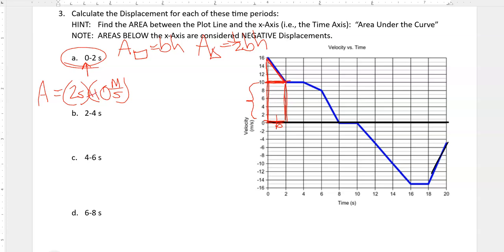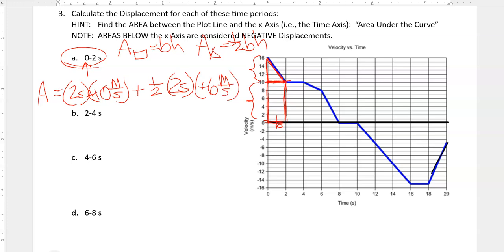And technically, it's positive 10 meters per second high because it's a positive range of displacement, specifically a positive difference in velocities here. And then we're adding the triangle area that has the same base. It's 2 seconds wide. But now this is an additional +6, positive 6 meters per second.